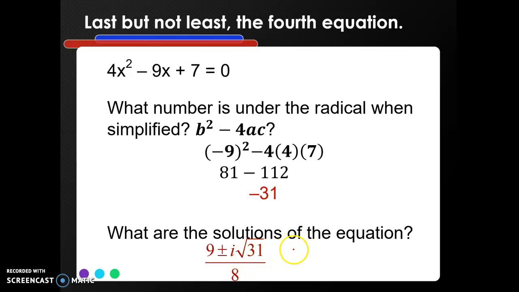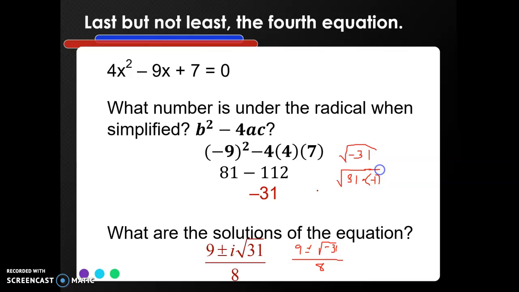Basically, the root should be 9 plus or minus square root of negative 31, over 8. Now take note that there is a factor of square root of negative 31, which makes it negative. The one factor is 31 and the other one is negative 1.